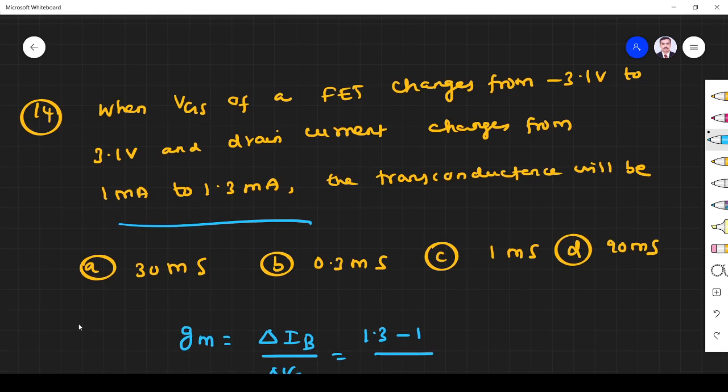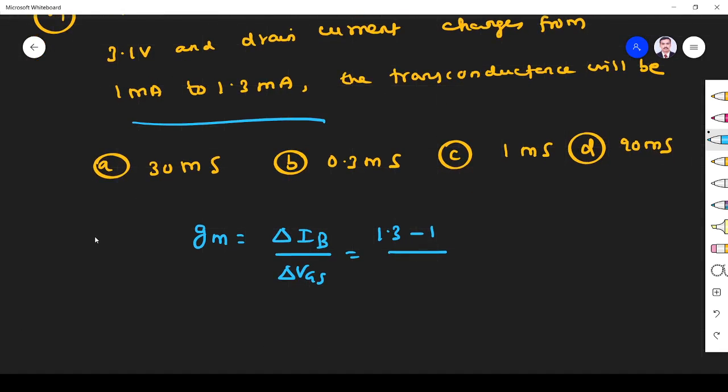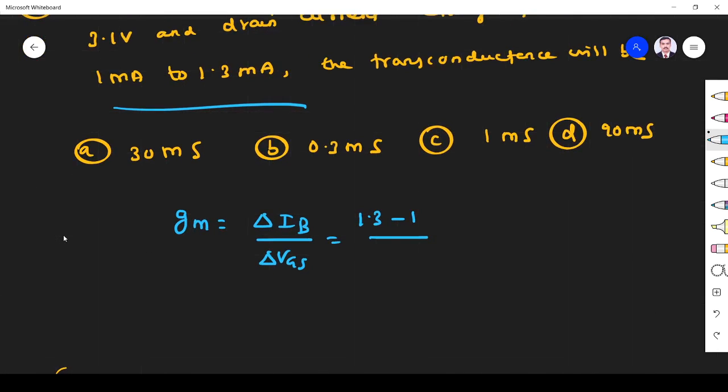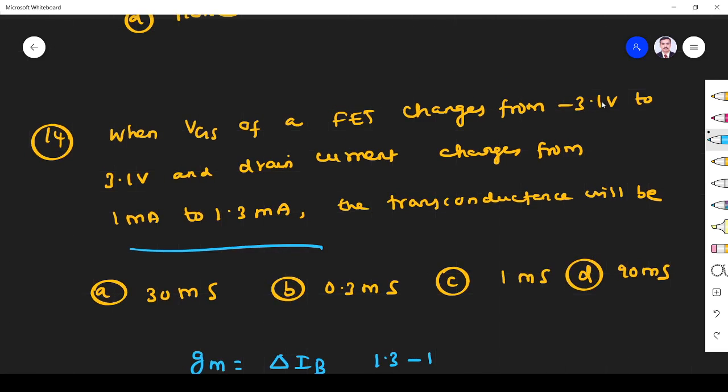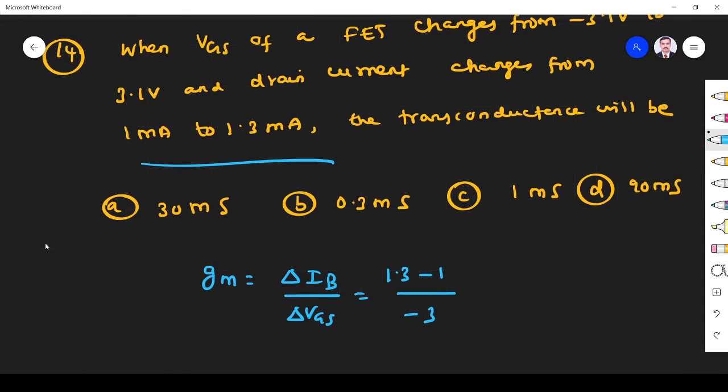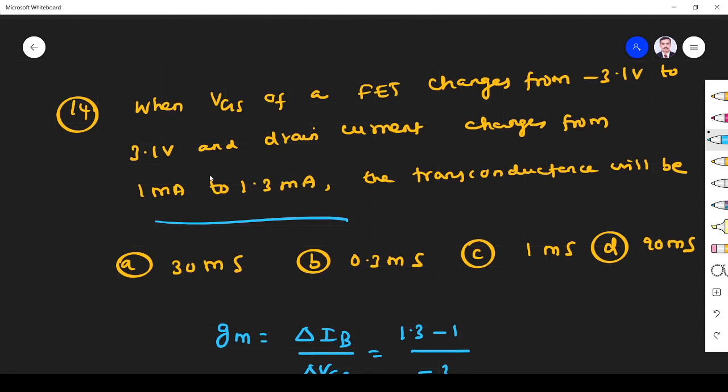VGS changes from minus 3 to minus 3.1 volt. Okay, this is what the question is. I change it. Fine.